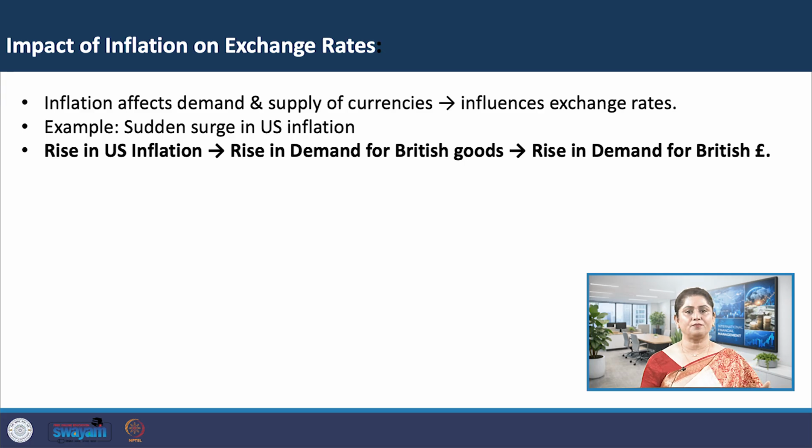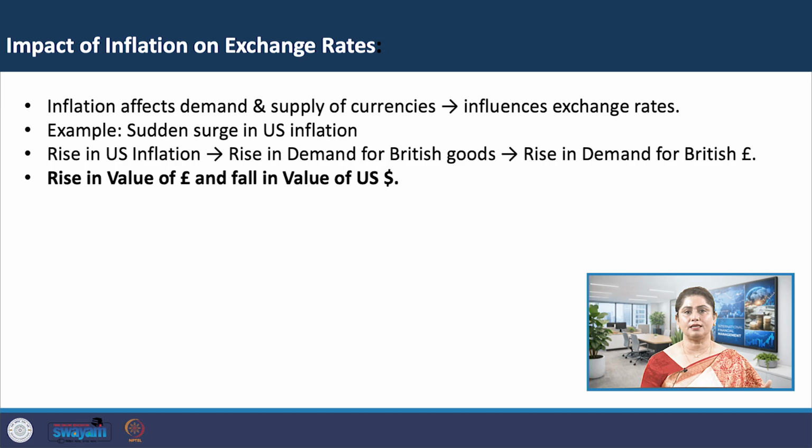At the same time, the demand for US goods falls, and therefore demand for the US dollar also falls. Upward pressure on the pound and downward pressure on the dollar. The result is that the British pound appreciates and the US dollar depreciates. Inflation in the US has weakened the dollar, exactly as PPP would predict.